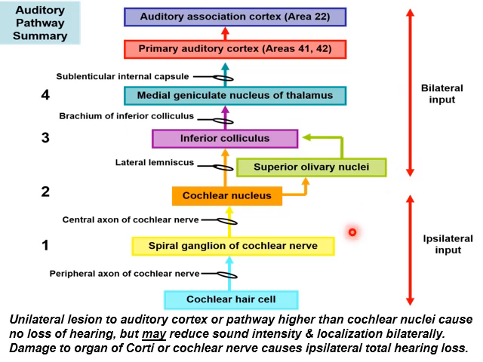However, if there is damage to the organ of Corti that contains the hair cells, or to the cochlear nerve itself, in the peripheral axon of the cochlear nerve, what will happen? That will cause ipsilateral total hearing loss. That will cause deafness or hearing loss at the same side only.